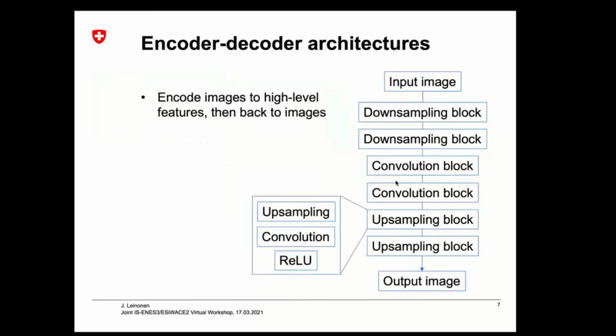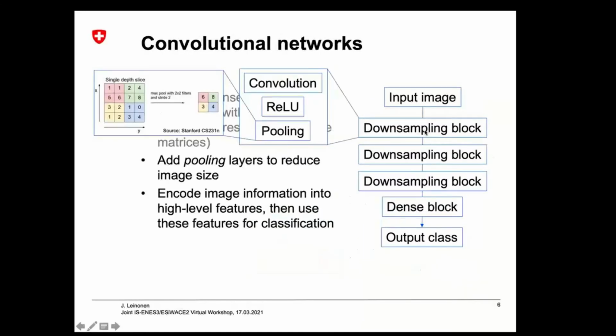So this brings us to a way of processing these images in a little bit smarter way. So we can take these downsampling blocks we defined in the last slide, with convolution, nonlinearity, and then pooling.